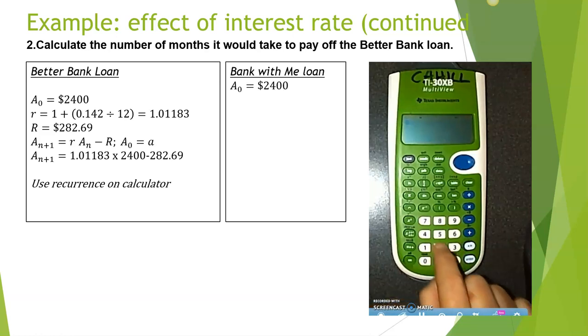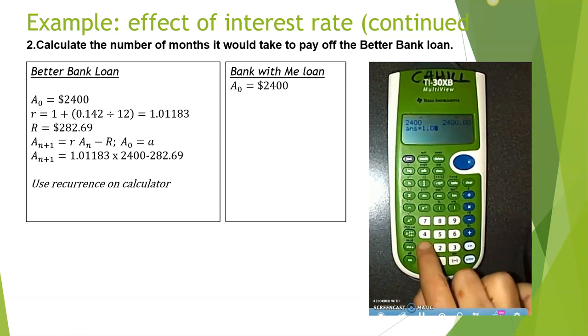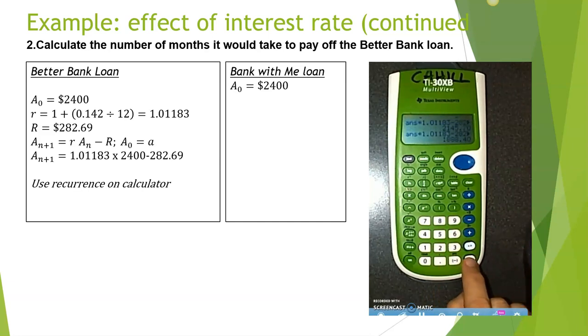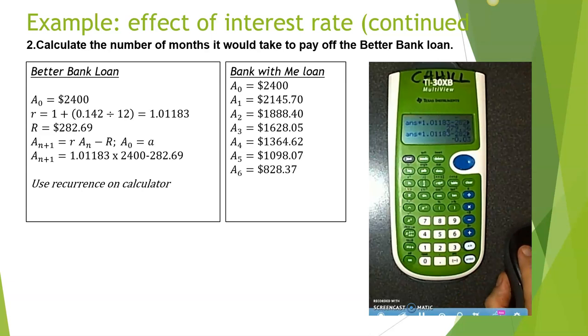So 2,400, enter, times 1.01183, take away our payment of $282.69. 1, 2, 3, 4, 5, 6, 7, 8, 9. So it will take 9 payments to pay off the loan compared to the 12 with the other bank.